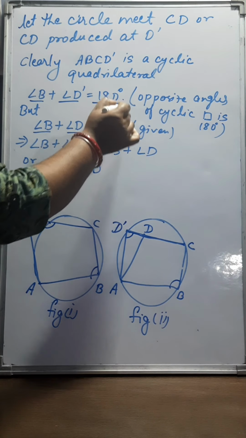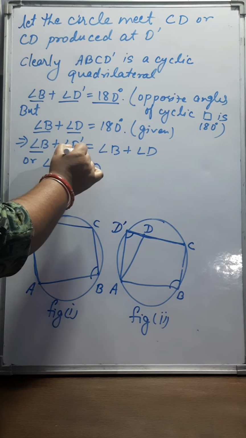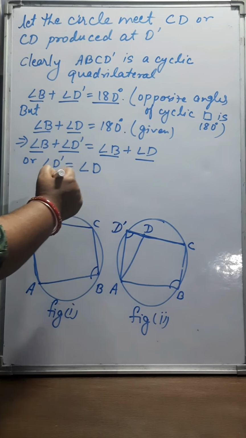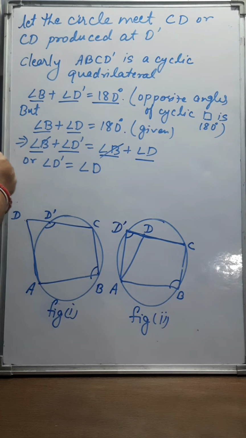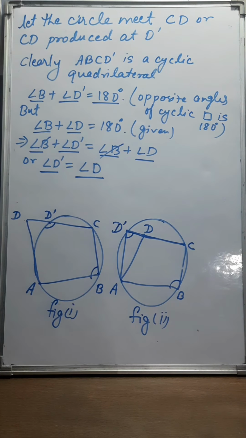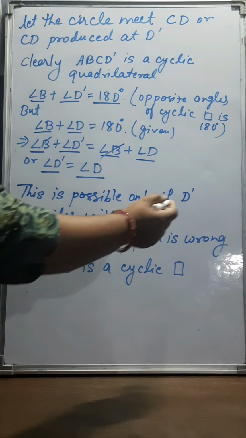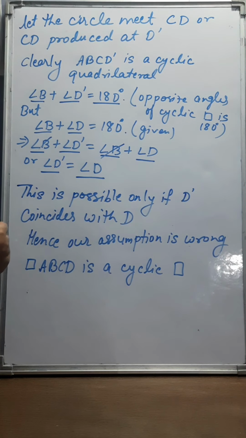So from these two equations, we can conclude that angle B plus D dash is equal to angle B plus D. From both sides we can cancel B. We get D dash is equal to angle D. This is possible only if D dash coincides with D. So our assumption is wrong. The circle passes through A, B, C and D as well, and it is a cyclic quadrilateral.